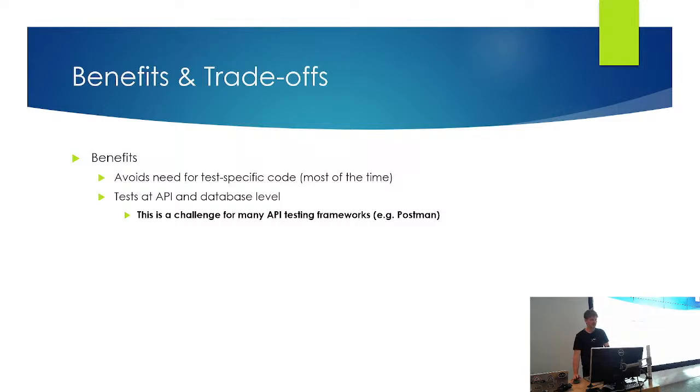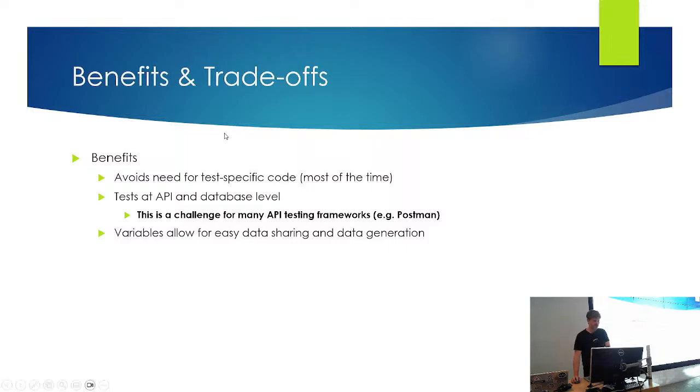Another thing that was quite handy was having steps that would work at the API and the database level. A lot of testing frameworks I've looked at don't seem to handle database stuff all that well. They might be good for calling APIs, but if you want to do anything with the database, you kind of just have to run a script or something. So I like that we could integrate both of those quite nicely in our test steps.